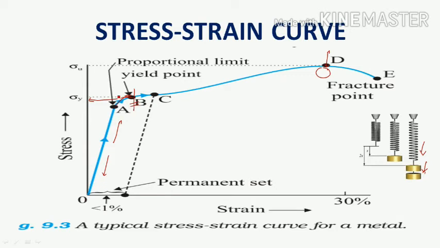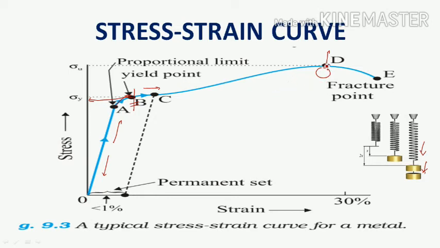But if you cross the point B, the strain also increases. Now the body is behaving like plastic material. That means the deformation caused is permanent after point B. So up to point B, the material behaves like elastic material, and after point B, like plastic material.